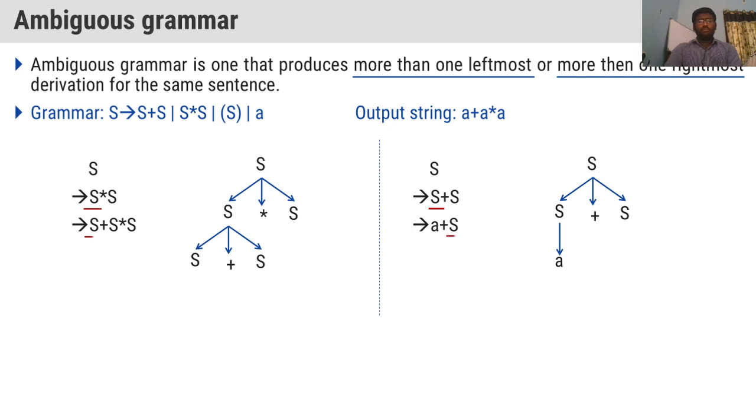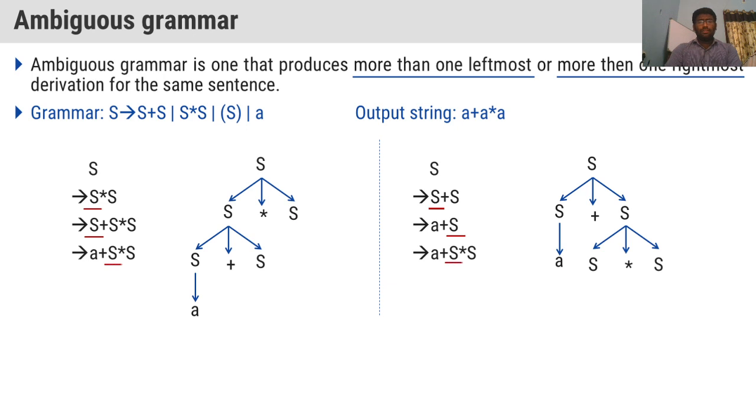Now I am going to replace again the leftmost non-terminals. On the left hand side the leftmost non-terminal is S, right hand side also it is S. But you see what I have substituted in the place of S. On the first LMD, I have substituted small a. On the other side, in the second LMD, I have substituted S star S. Now still we have not derived the string a plus a star a.